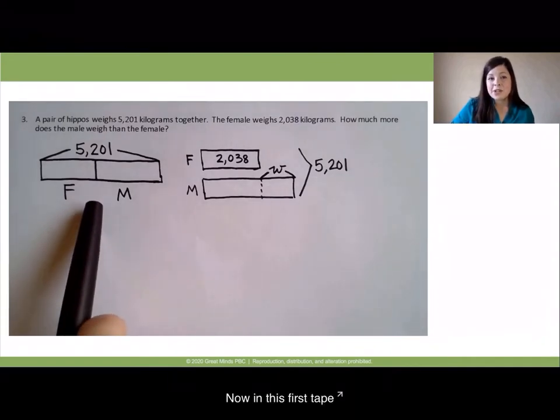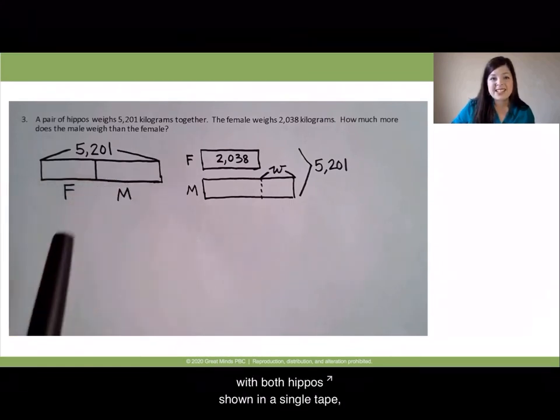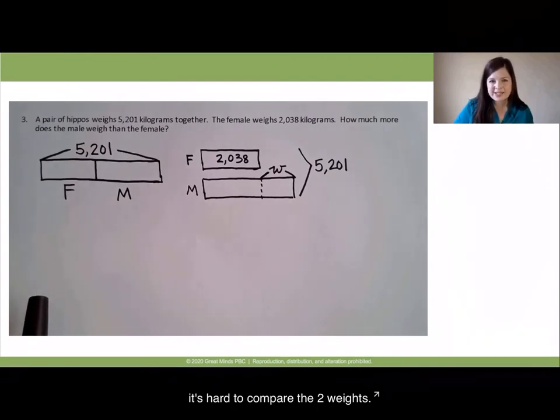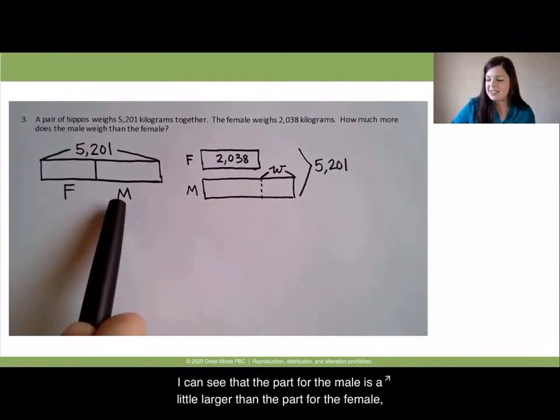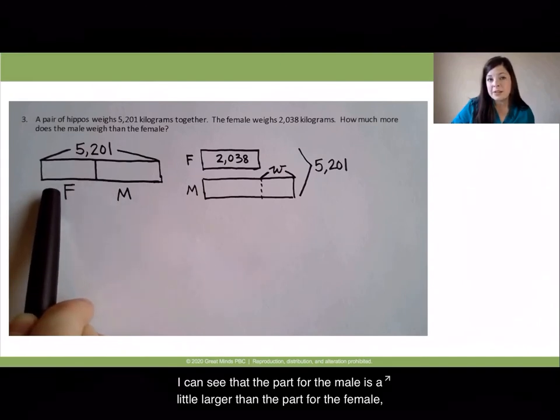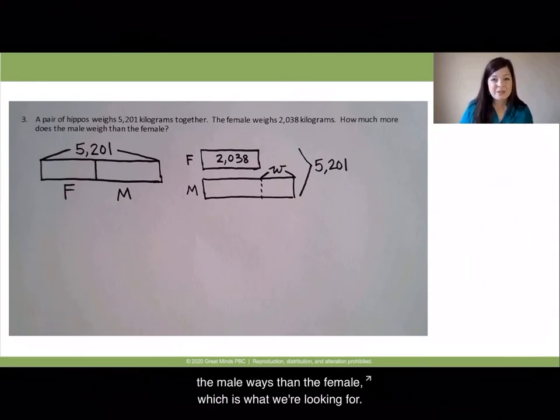Now in this first tape, with both hippos shown in a single tape, it's hard to compare the 2 weights. I can see that the part for the male is a little larger than the part for the female, but I can't really find a spot on this tape to label how much more the male weighs than the female, which is what we're looking for.